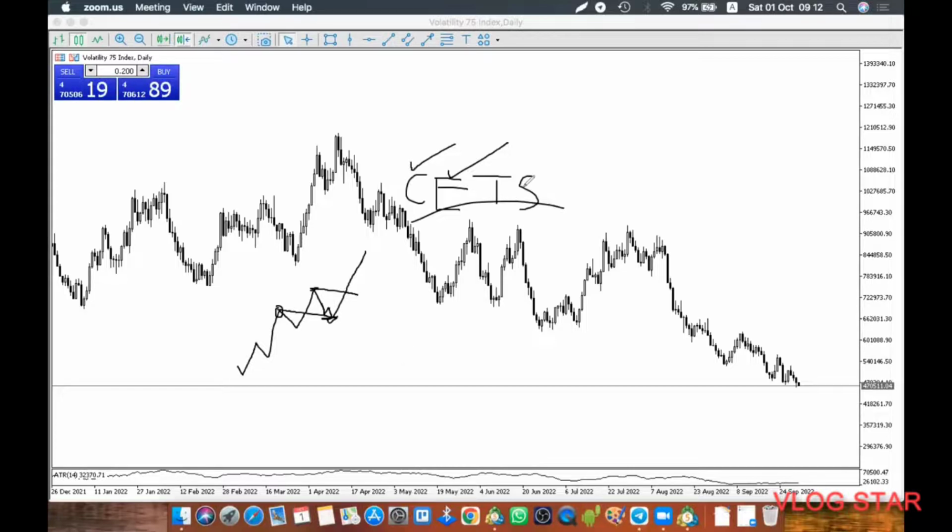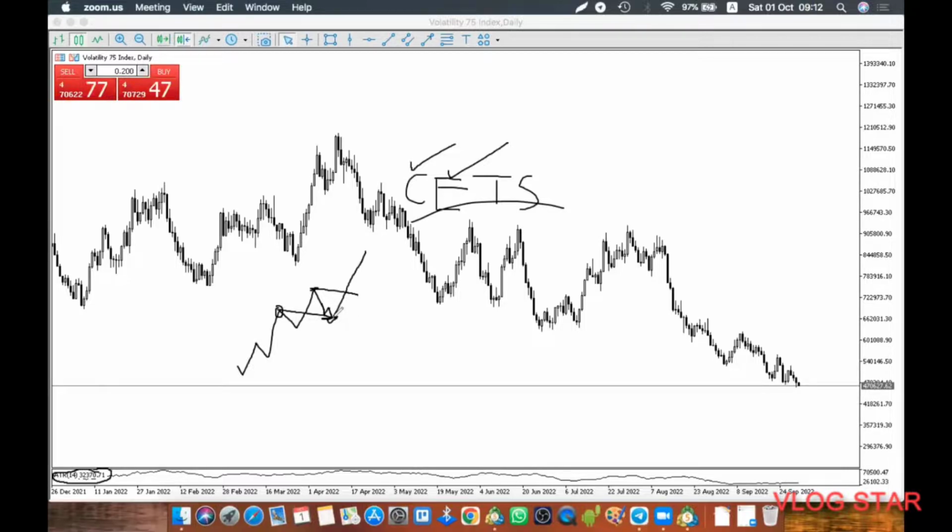And then your stops, you're gonna determine them by using an ATR. You see this thing here? I normally use an ATR for my stops.